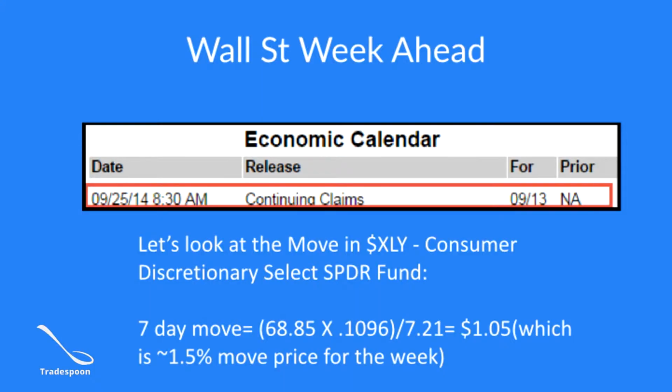If you take the stock price right now, which was as of Friday, 68.85, you multiply that times the implied volatility of 0.1096, and again, divide that by the square root of time. In this case, it's the square root of 52 weeks. That's 7.21. The pricing and the potential for this underlying to move about $1.05 this week, which is around 1.5%, going into the consumer numbers that are going to be midweek.